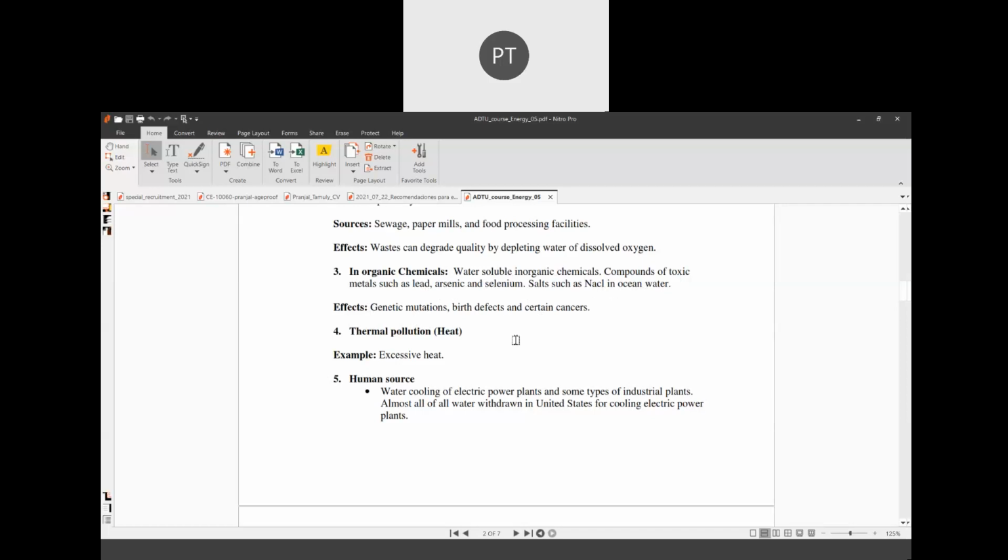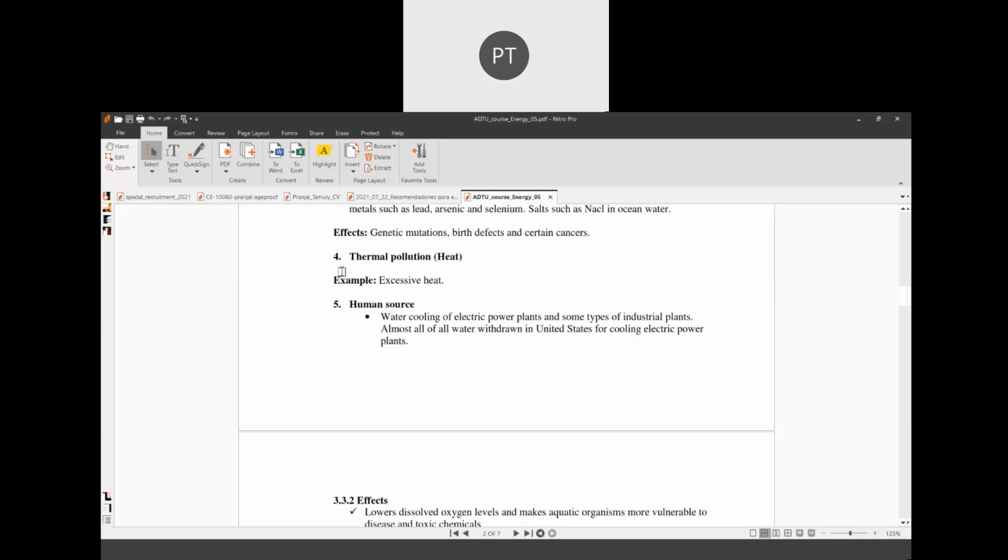Then thermal pollution. How can thermal heat cause water pollution? We can see this in thermal power plants. A lot of steam is produced by heating water, and this water somehow we have to dump. So what we do is dump this wastewater into streams and oceans.